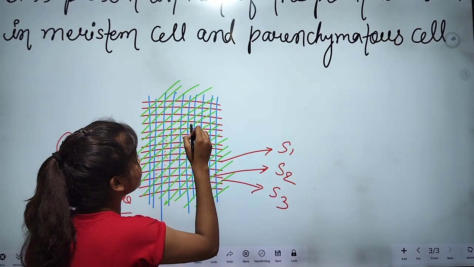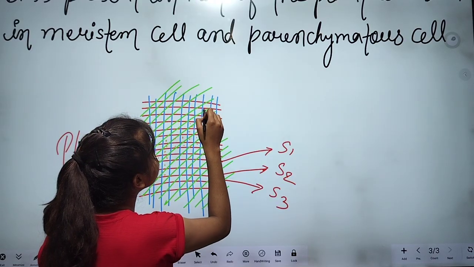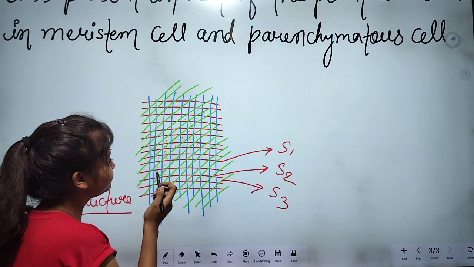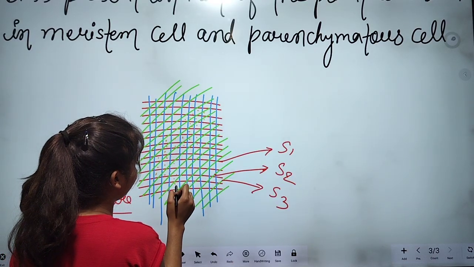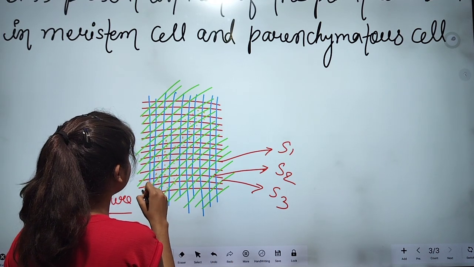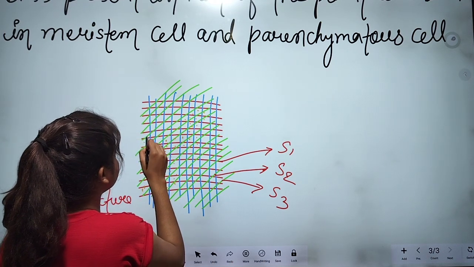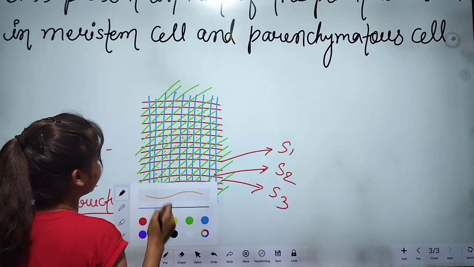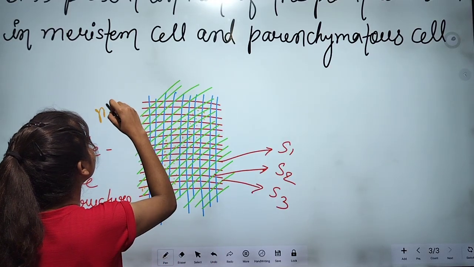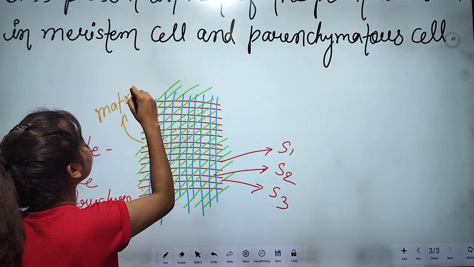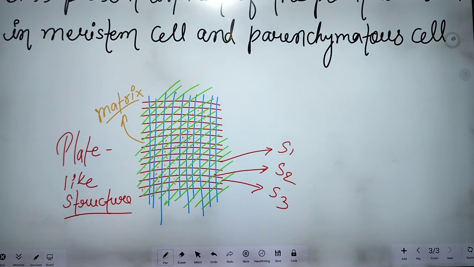It is the matrix. Okay, I hope you understand that all this blank space is called the matrix. So this one is the structure of the secondary cell wall.